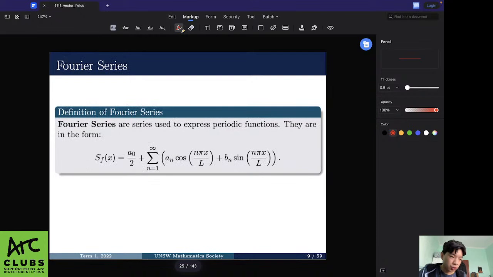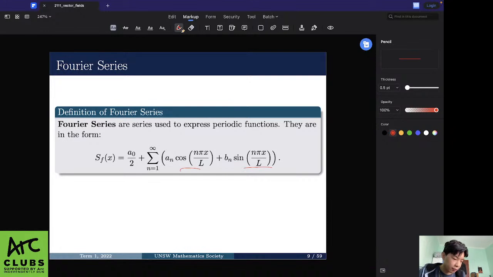So now we can get into Fourier series, and it might look a bit complicated here, but for Fourier series, literally just remember this one formula and you're good to go. So it's a way that we can take a periodic function and then put it in the form of a sum of cosines and sines.